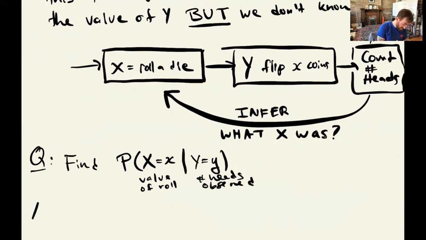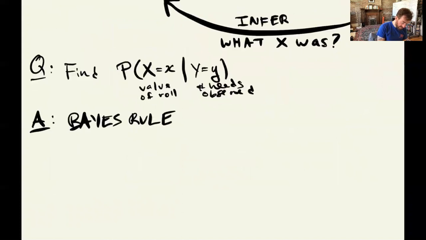Well, by Bayes' rule, we can say the following, which is the probability that capital X equals little x, given that capital Y equals little y. It's the same thing.